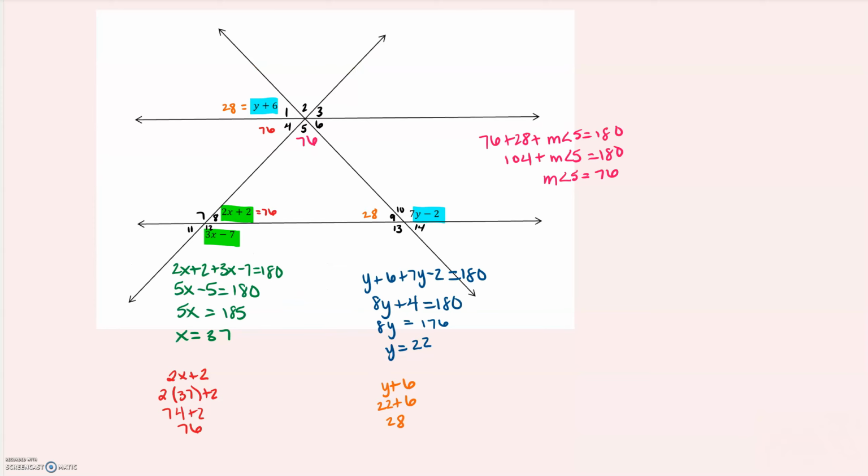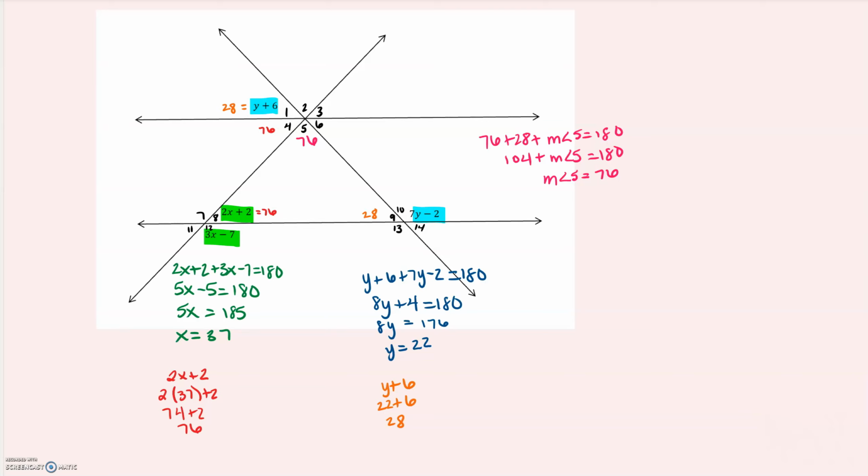All right, now if you look at what I have, you'll see there's not a whole lot of angles that I actually solved for. I started with my 2 that I highlighted in green because I know that they're supplementary angles, so they make a straight line. So I set those both equal to 180 degrees, and I solved for x, which gave me 37.